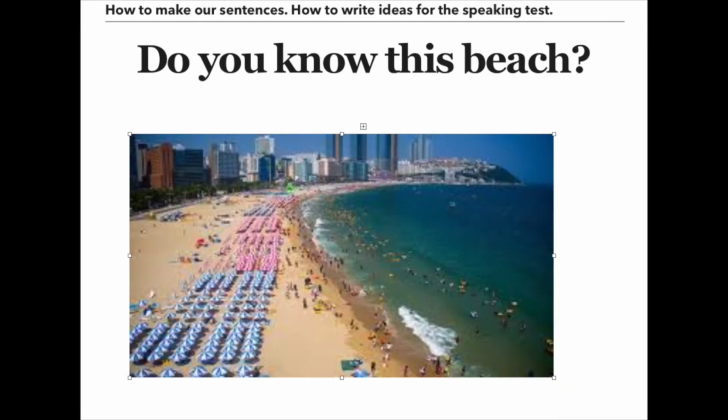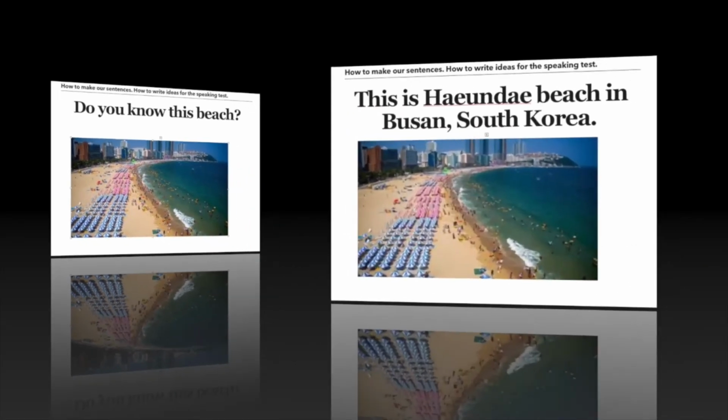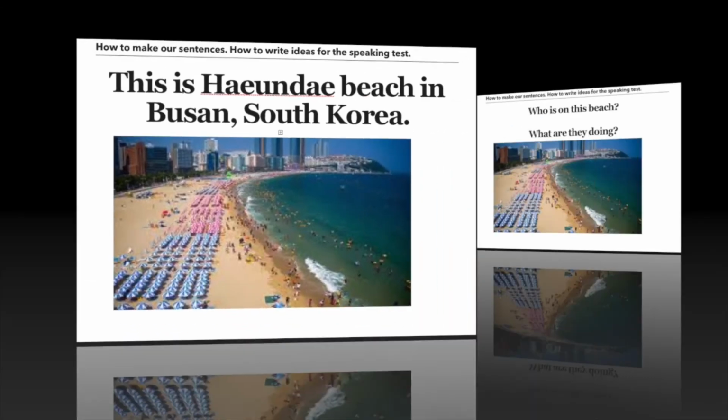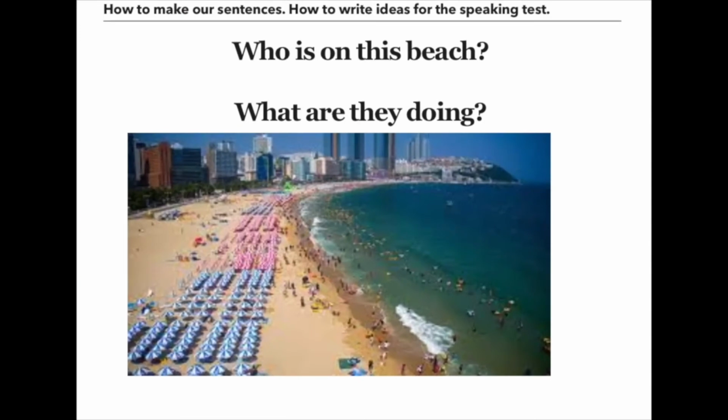Do you know this beach? This is Haeundae Beach in Busan, South Korea. Maybe you have been there. That beach is always so busy. Who is on this beach?